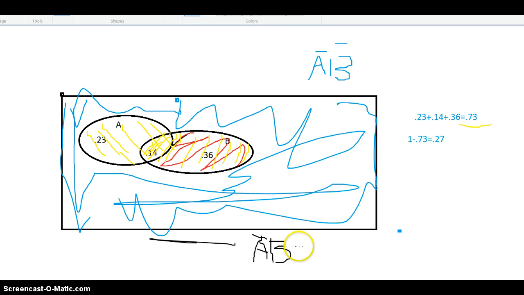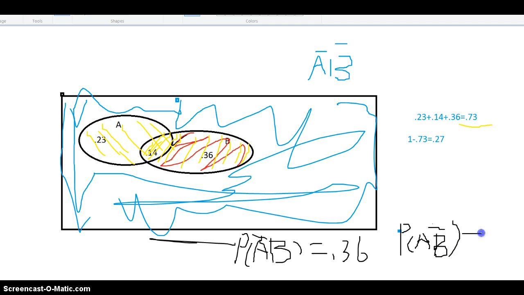We found the probability for A bar B is inside B, outside A, so it's 0.36. And now we do the probability of A B bar: inside A, but outside B. Looking at the picture, that would be the left section of A, so that's 0.23.